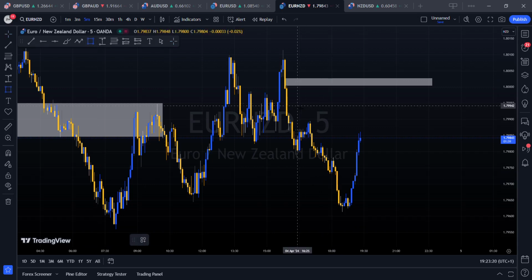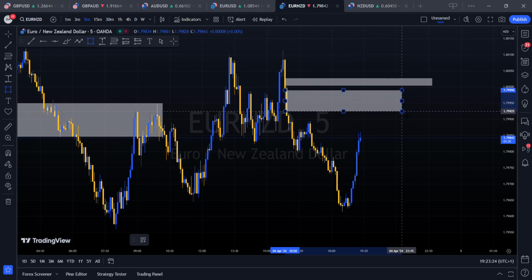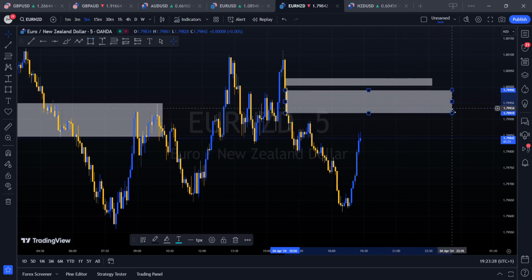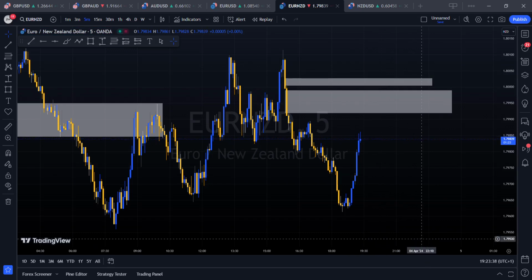I'll also see price coming to this zone, right? So currently I'll be taking my possible entries from either this very area here or this very area here to go short, because price has given us a clear analysis and pattern.